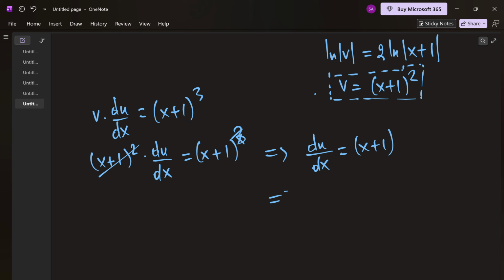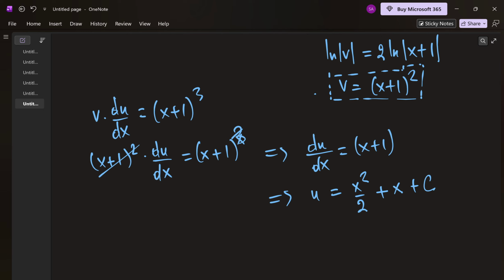And now you integrate, you get u is equal to x squared over 2 plus x plus c.